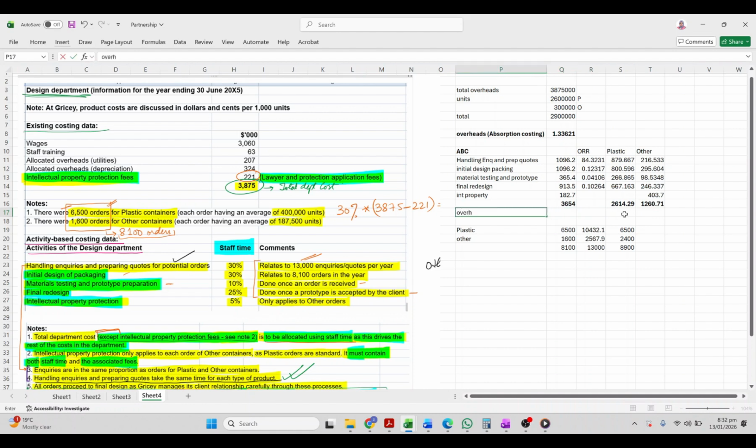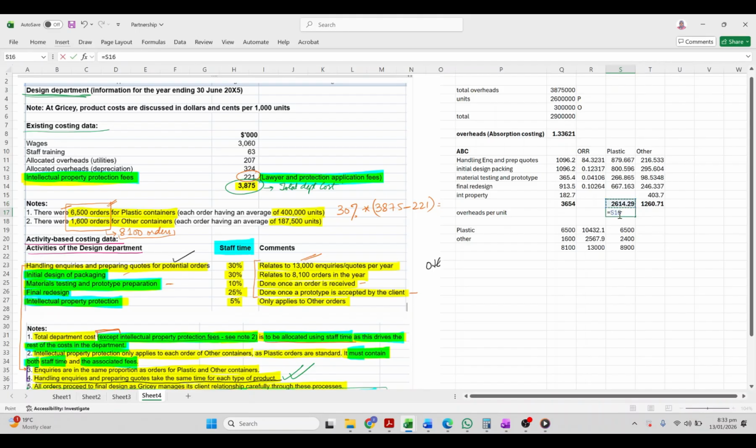So now there is a basic conversion. Because these units are in thousands, this cost is in thousands, right? These costs are in thousands, these units are in thousands. So if you divide this cost with these units, you will get cost per unit because numerator and denominator both are in thousands, right? So it will cancel out the effect, right?